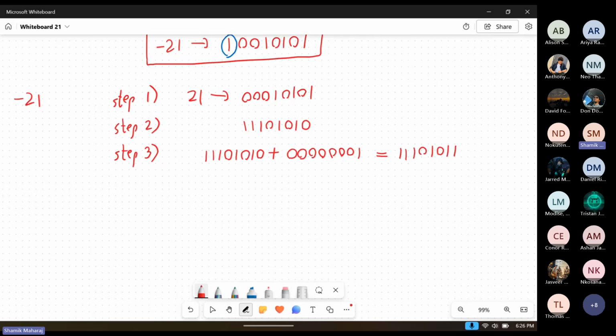Again, what we're trying to do here is just add 1 to this number right here. So we'll do this in the old-fashioned method of adding the way we used to do in high school, maybe primary school, I'm not sure, but anyway. So what I'll write here is 1, 1, 1, 0, 1, 0, 1, 0, right?